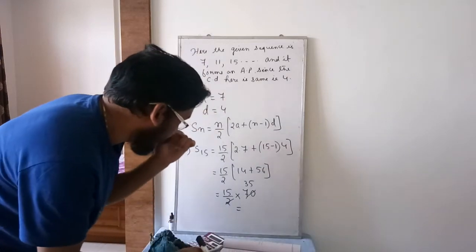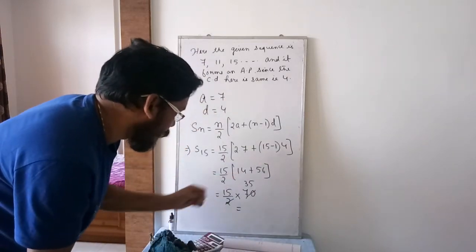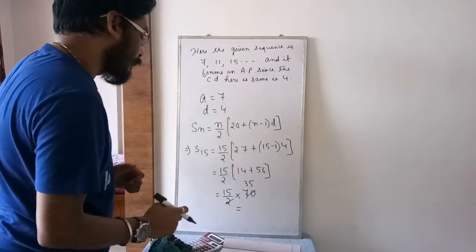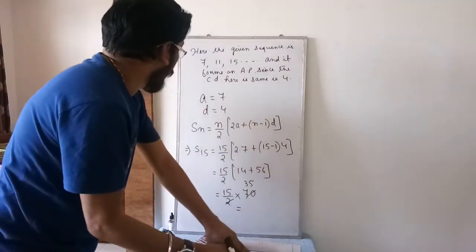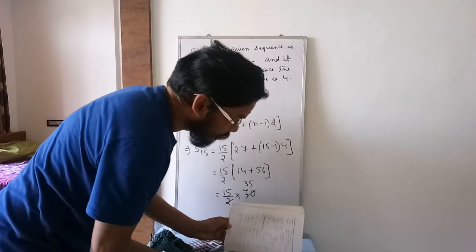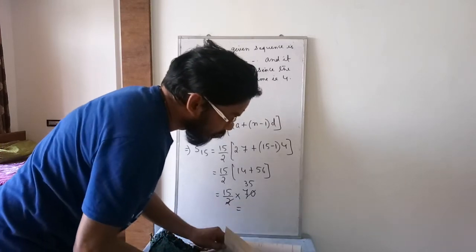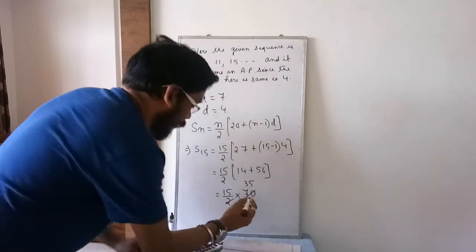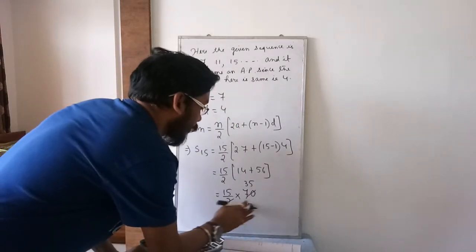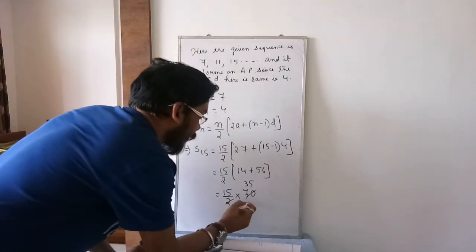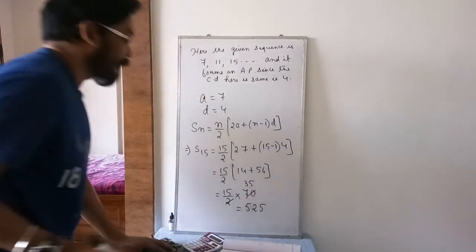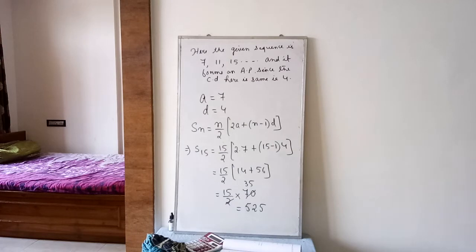Somewhere wrong I have done? Some mistake is done here. Question number what it is? Not 10, sorry. Question number 10. Okay, correct. 525. It is 525. I am correct only. I had seen the answer wrong. So it is 525. Take the screenshot.